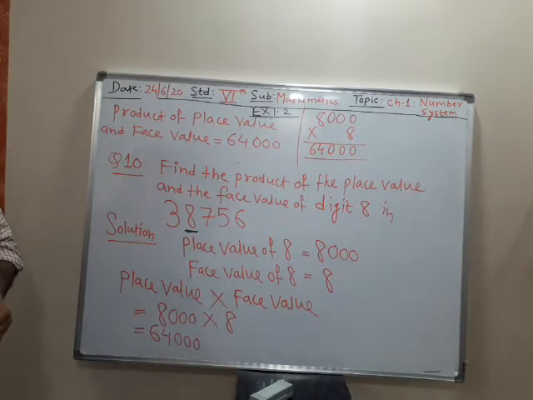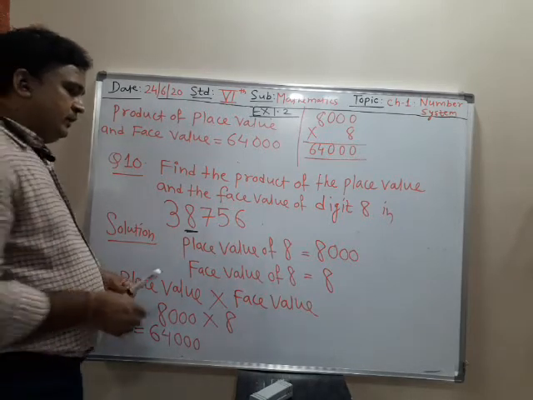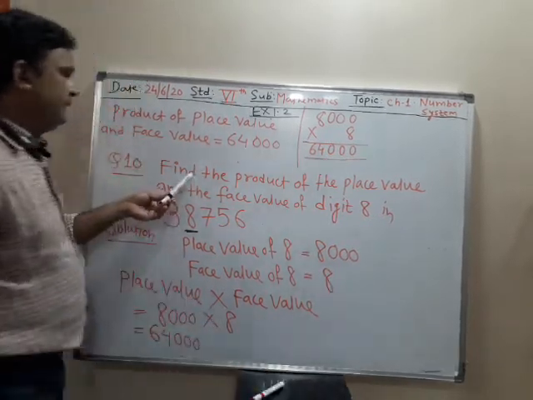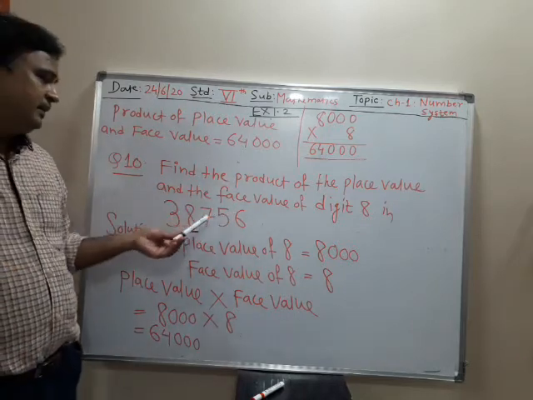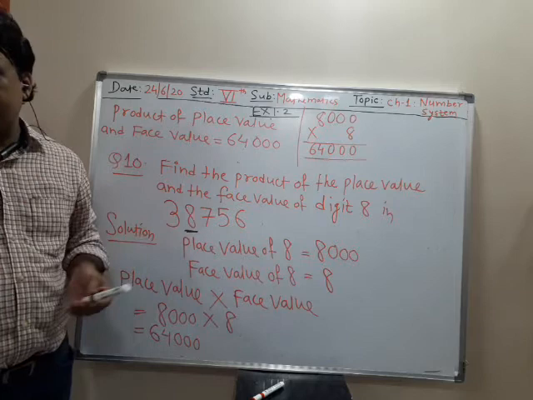Yes, write fast. Now finish this part. Find the product of the place value and the face value of digit 8 in 38756.